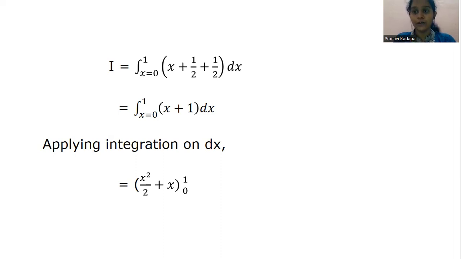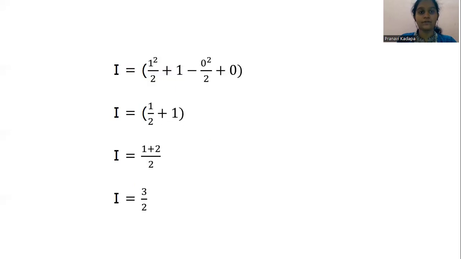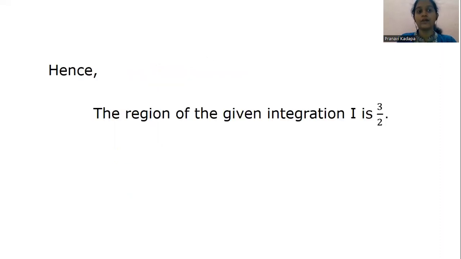Again we apply the integration, that is x square by 2 plus x with limits 0 to 1. After applying higher limits and lower limits, we get I equals 1 by 2 plus 1. Solving this, we get I equals 3 by 2. Hence, the value of the given integration I is 3 by 2.